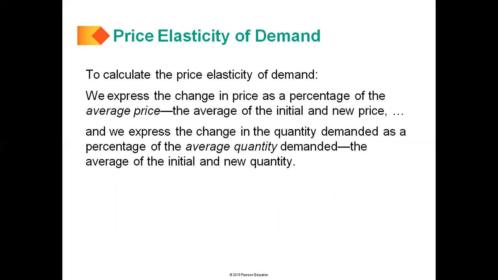Okay. And so when we calculate the elasticity, we use an average price between the first and the second one. In other words, what it changed to and what it changed from, we use the average for the price.